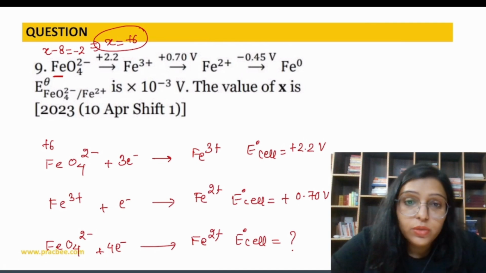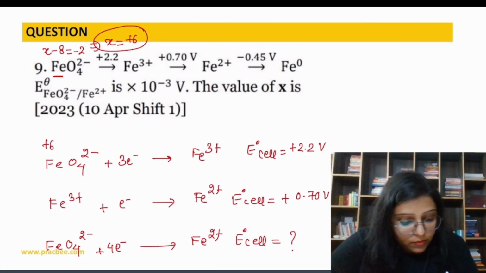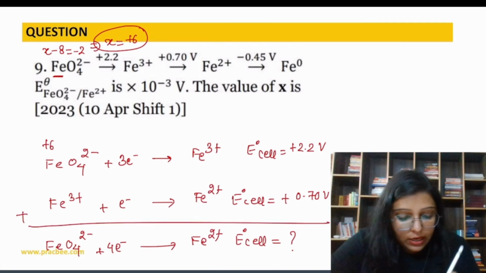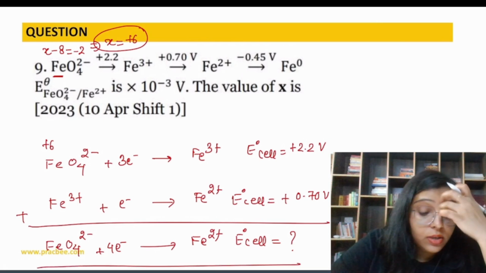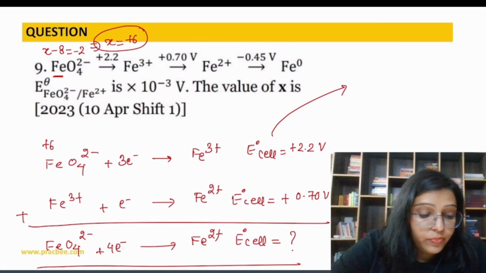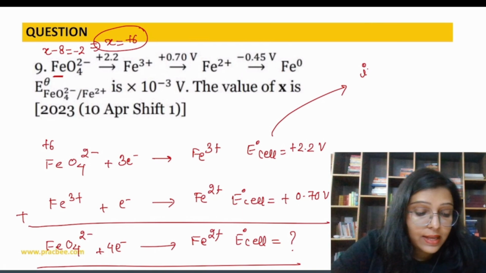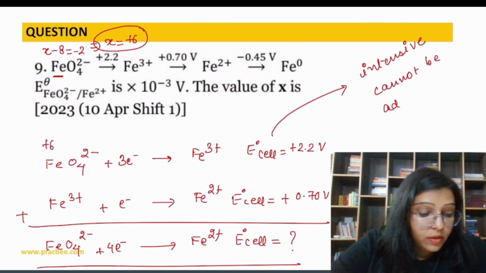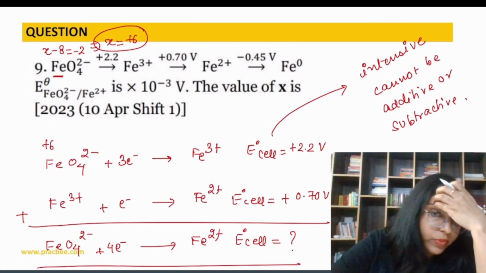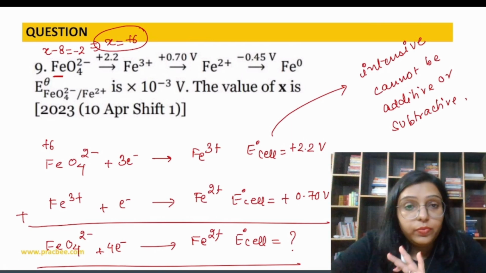Now we know that if we add these two reactions, we get the desired reaction. E naught cell is an intensive property, hence it cannot be additive or subtractive. So how to solve this question? We can solve this question if we calculate the delta G value, right?